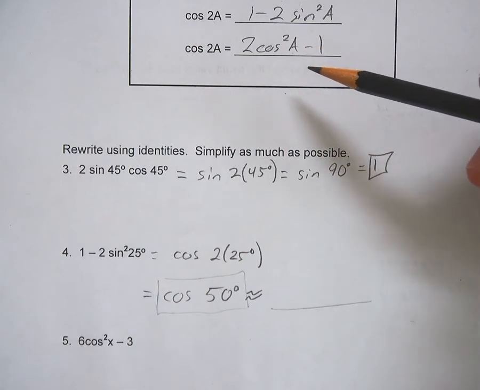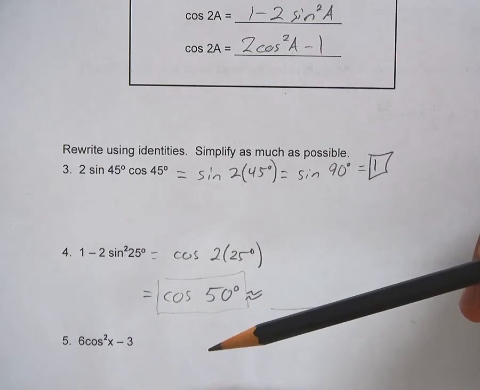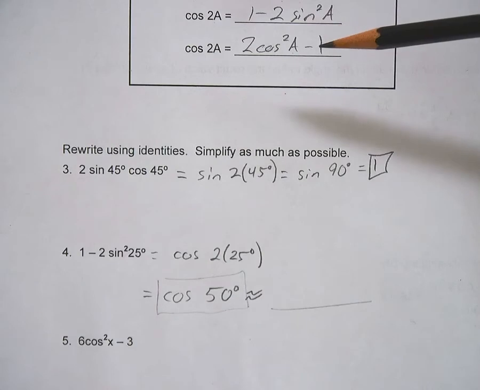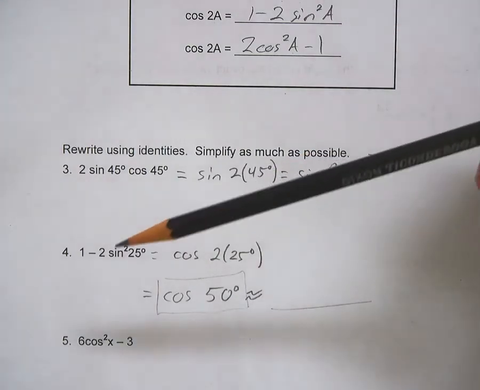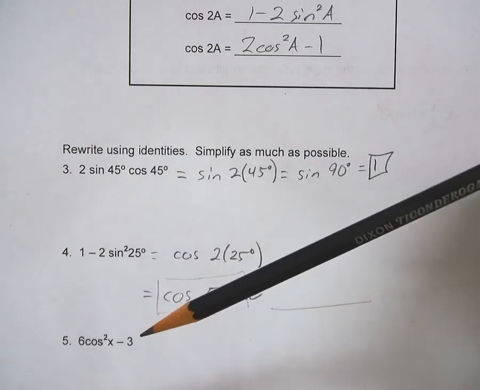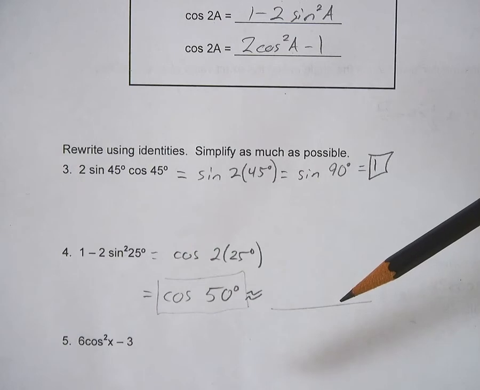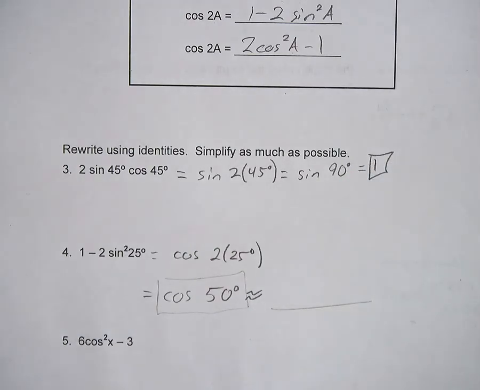The only difference is instead of 2 and 1, we have a 6 and 3. Is there any way that I can make 6 and 3 into 2 and 1 by pulling something out? And in this case, it's factoring out a 3.